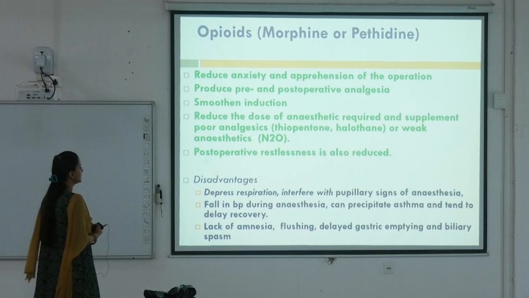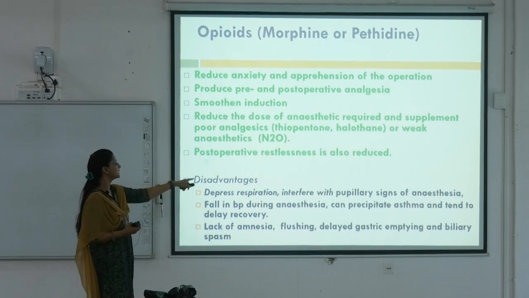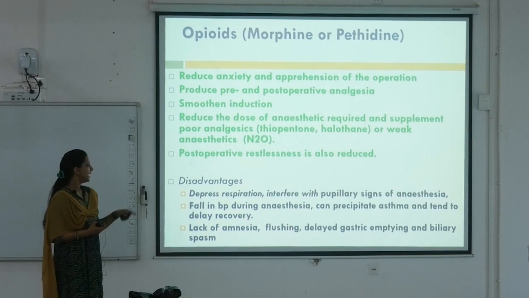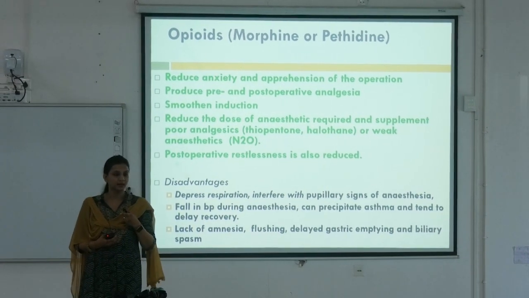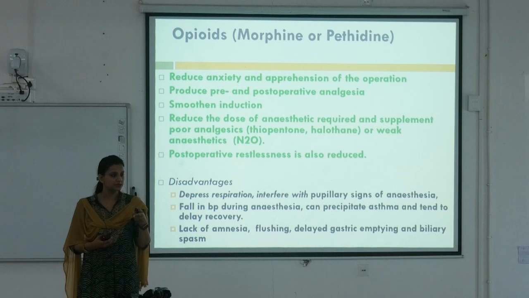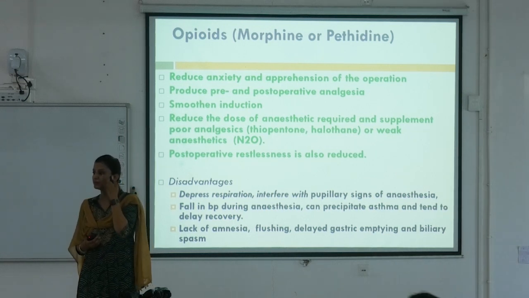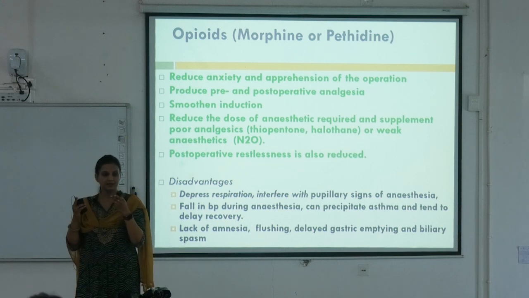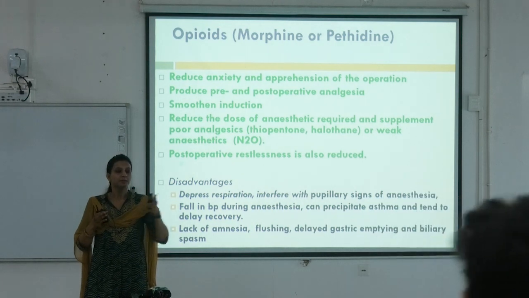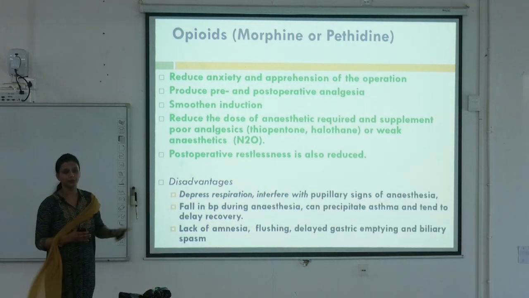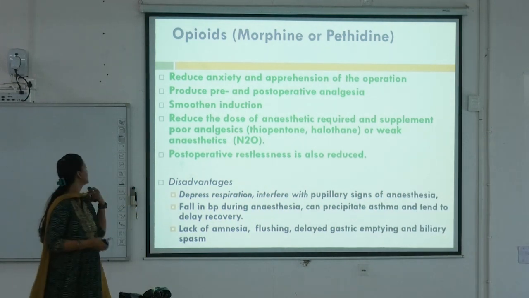What are the disadvantages? It depresses the respiration and it interferes with the pupillary signs of anesthesia. When the patient is going into the anesthesia, we see the pupils dilate করেছে, and when he is recovering, again constriction হচ্ছে কি, that will be interfered by the opioids. So that is one disadvantage.